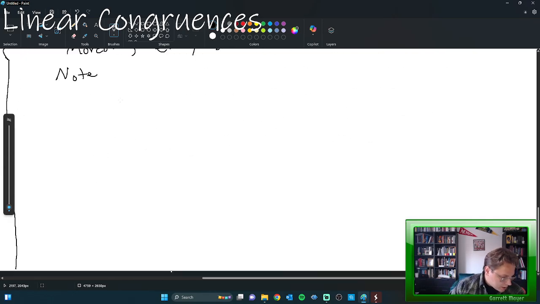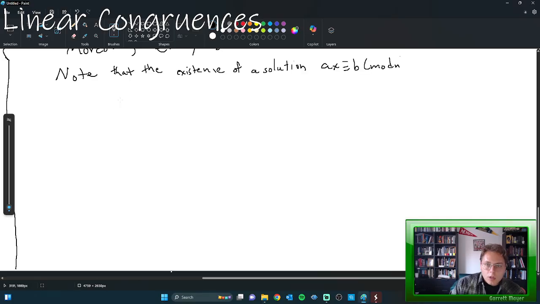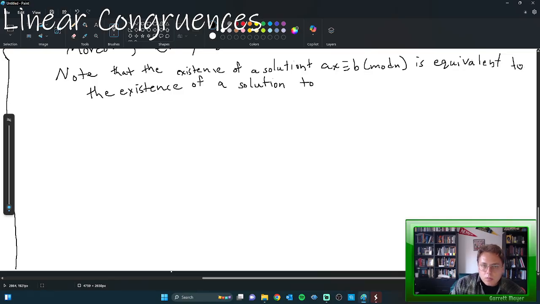So what we're going to do is note that the existence of a solution to the linear congruence is equivalent to the existence of a solution to the linear Diophantine equation.